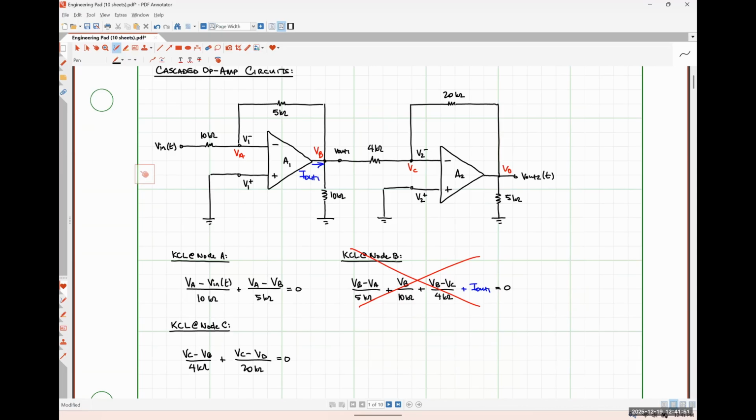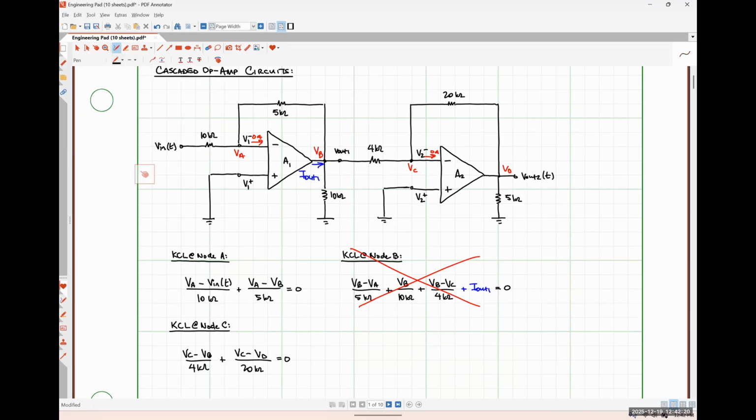Ideal op amp rules. We've applied the ideal op amp rule number 1, saying no current can flow into or out of our input terminals, when we wrote both of those KCL equations, because we inherently decided that this current and this current were 0 amps. But we never applied op amp rule number 2, which tells us what the voltages at those nodes are going to be, right?